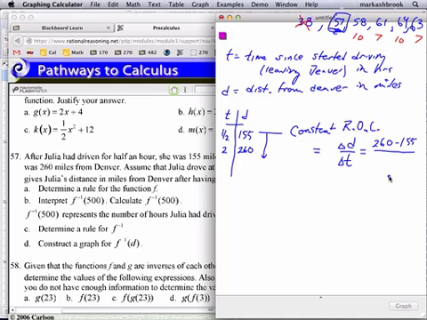Final distance minus the initial distance will be how much the distance increased, right? Same with time: final time minus initial time is how much it changed. When you do all that math, you get 70 miles per hour. So we're just going to assume that starting at 1/2 hour is when the cruise control is on, 70 miles per hour, constant rate of change.